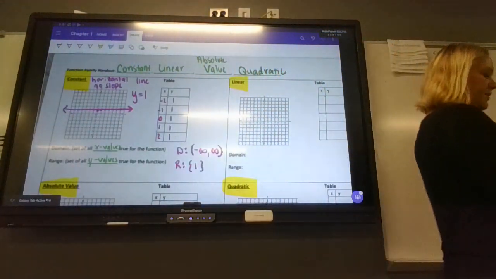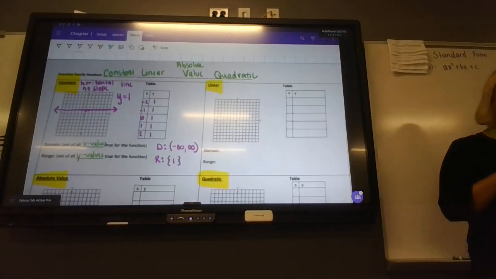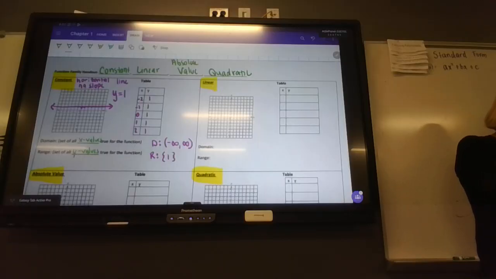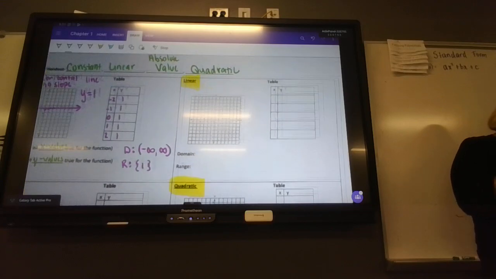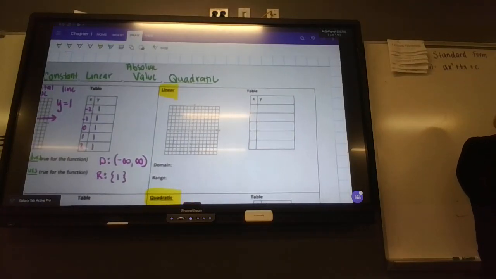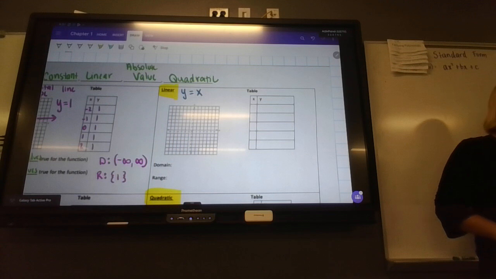The linear function family. Technically the constant goes into the linear function family, and there's a little overlap there. But we're going to go ahead and talk about this equation, y equals x.